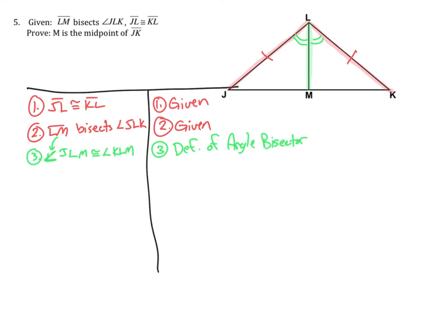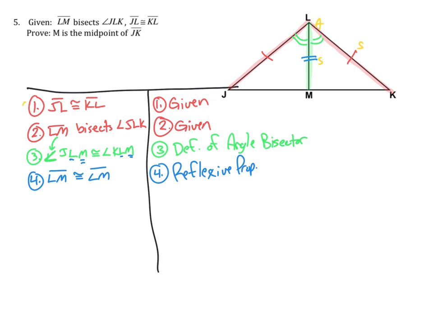Okay, now looking at my triangle, note that I'd also have a shared side right there, so I can use that in reason 4. LM is congruent to LM in this case. Okay, notice L, M. And reason 4 is the reflexive property. All right, and then notice I have myself a side, an angle, and a side.